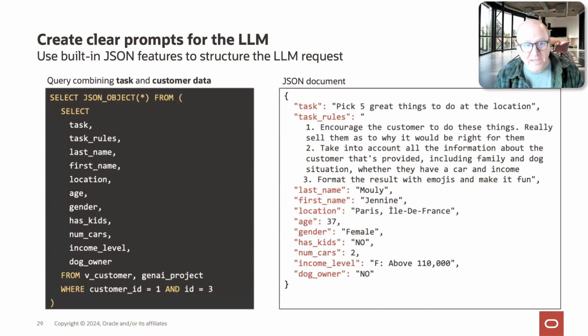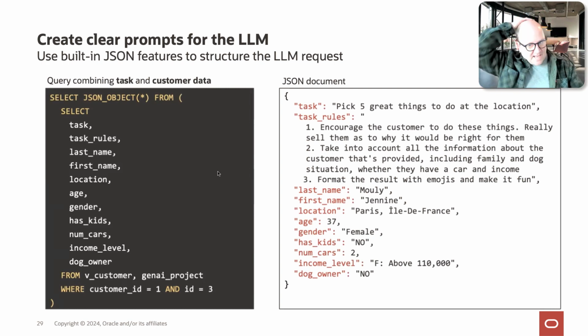The prompt is clear, and the model will have an easy time understanding how to do that task, because you have a very structured way of passing that information over: the last name, the first name, the location, etc., combined with the rules. You really want to create clear prompts for the LLM to operate over, and this is a really nice way of doing just that.